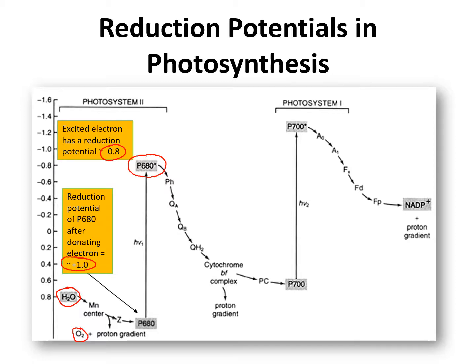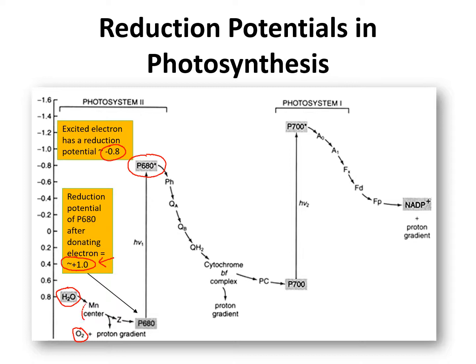If it was lower than 0.8, nothing would happen. We wouldn't pull an electron from water, because there's a greater tendency for oxygen to pick up an electron. But if you have a reduction potential greater than 0.8, which we do here, we've got 1, we can pull an electron from water.